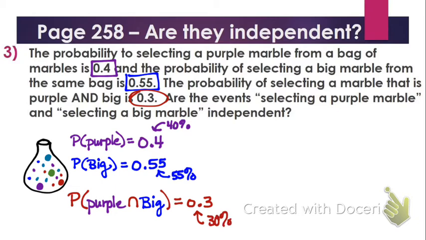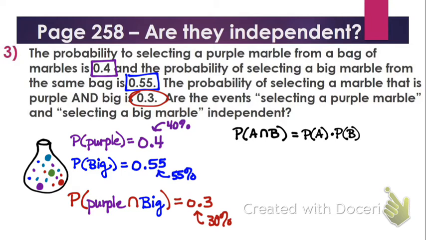I want to know whether or not these events are independent of each other. To test for that, we wrote before that if the probability of A and B occurring is equal to the probability of event A multiplied by the probability of event B, then these things are independent and there is no relationship.